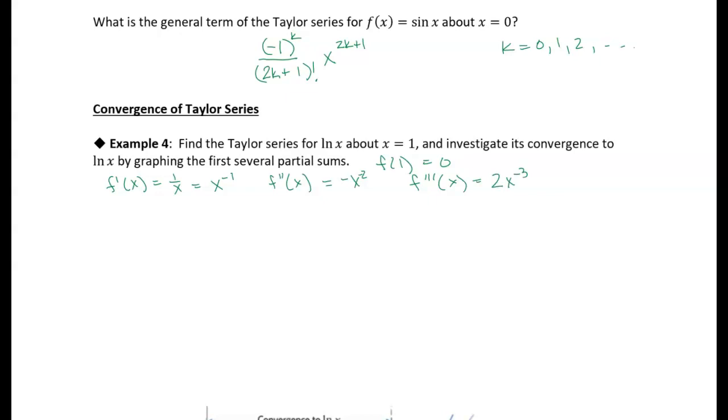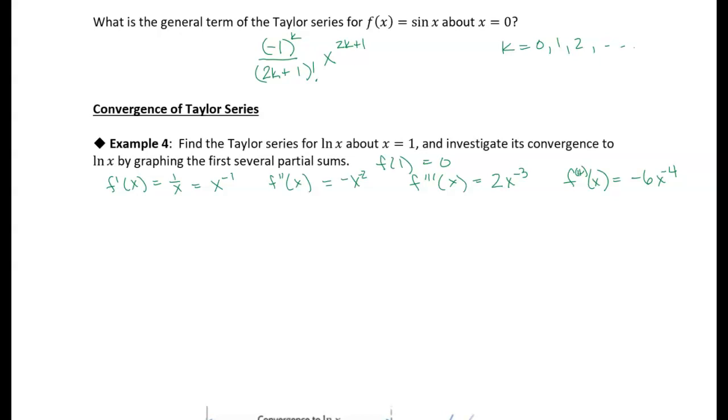And I'll look at the fourth derivative, and that's going to be minus 6x to the minus 4. Now we don't have a nice pattern going on here, but well, we kind of do have a pattern. The exponents on x are being reduced by 1 every time. So we get exponents that go -1, -2, -3, -4.